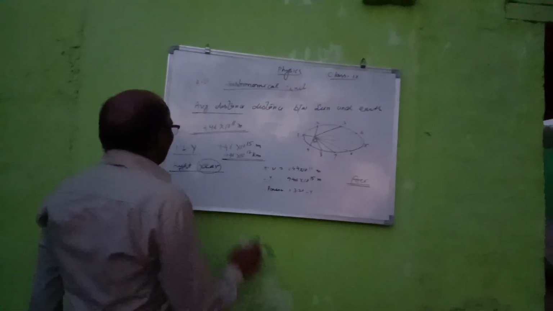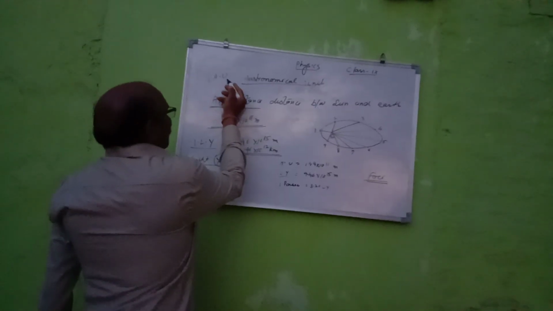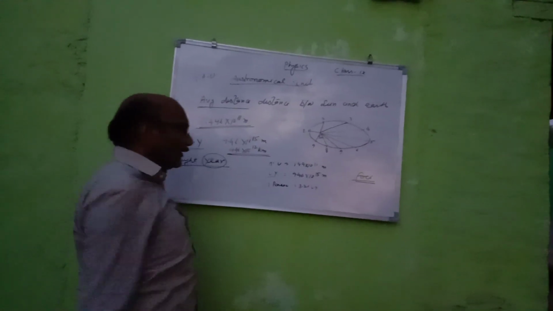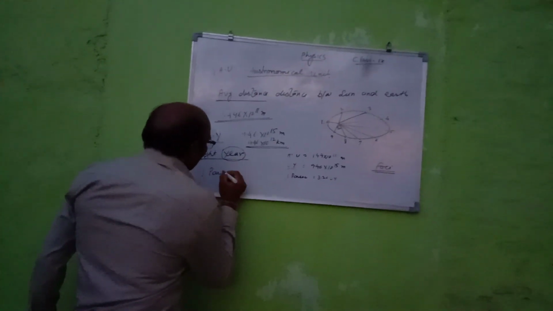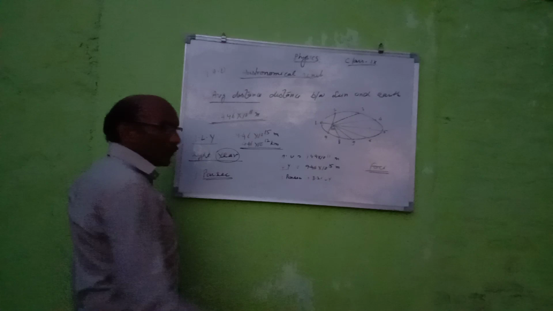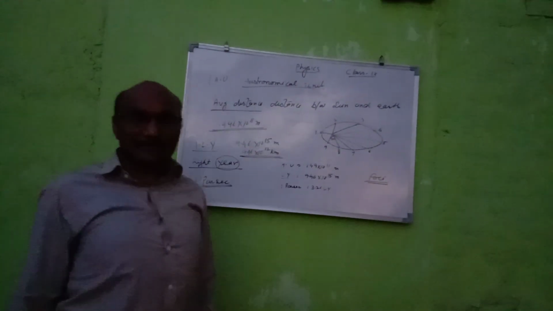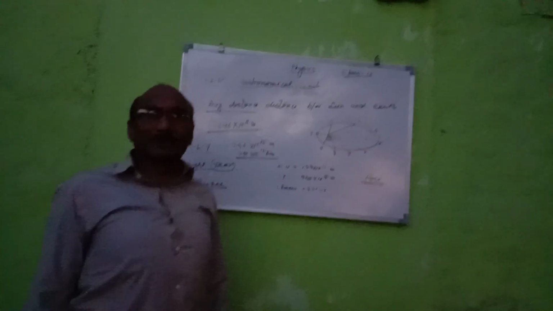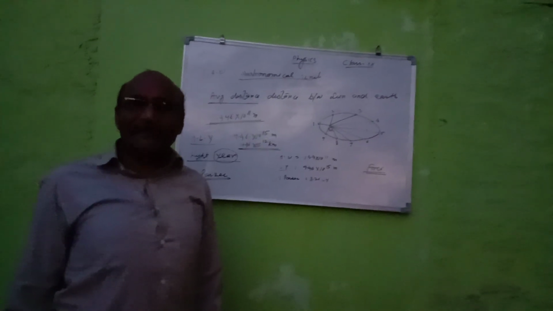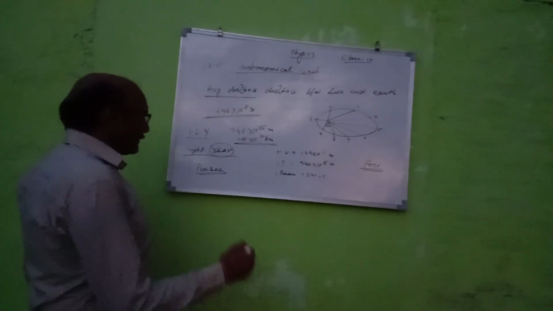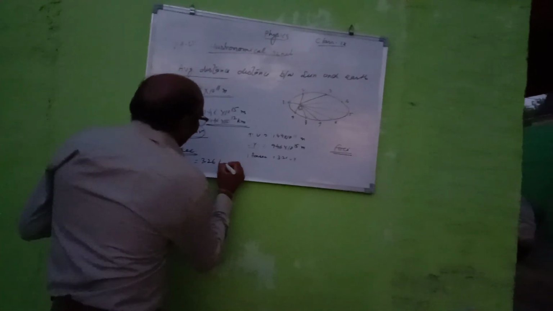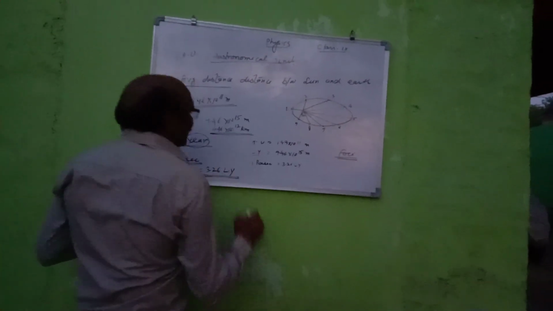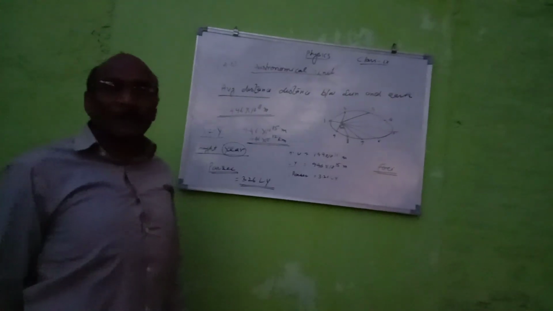I hope all have understood what is one astronomical unit, what is one light year, and last point, what is one parsec. Parsec is the short form of parallactic seconds, and 1 parsec is equal to 3.26 light year. 1 parsec distance is equivalent to 3.26 times 1 light year.